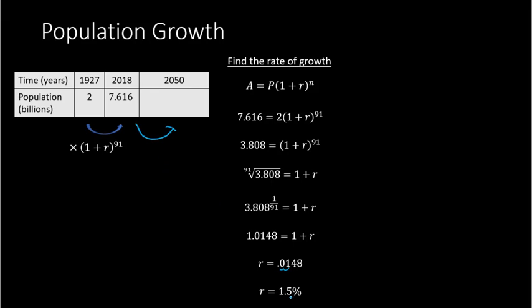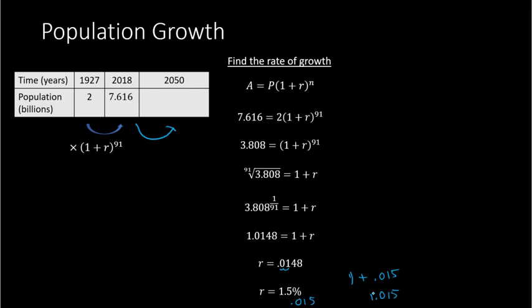So this rate of 1.5%, add that with 100% of what we started with, so 100% of the population. So if you add that together, 1 plus r, 1 plus 1.5, this would be, by the way, decimal is 0.015. So 1 plus 0.015 is going to be 1.015.